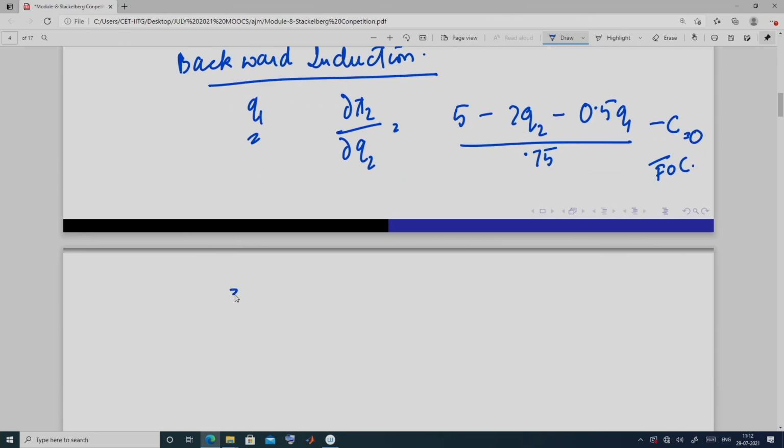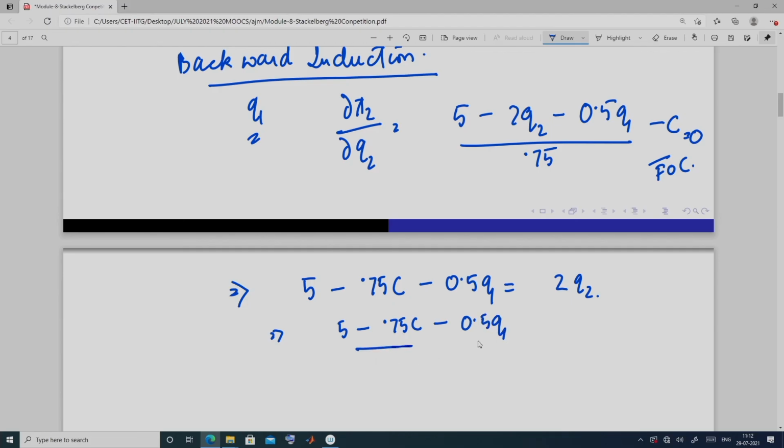So, from this the reaction function of firm 2 is 5 minus... this is the reaction function of firm 2.